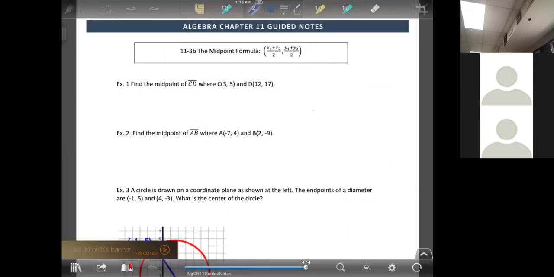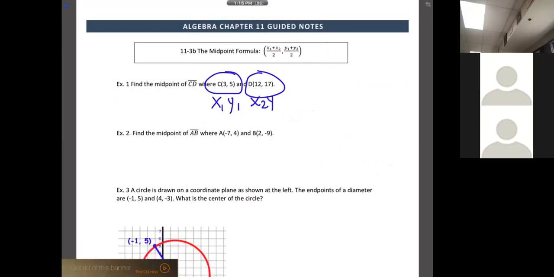So we're going to take those very same values, C and D, and they're still going to be x1, y1, and x2, y2. And we're using this formula instead. Now this formula is in fraction form. I know we hate fractions, but it's okay because all we have to do is divide it by 2 at the end.